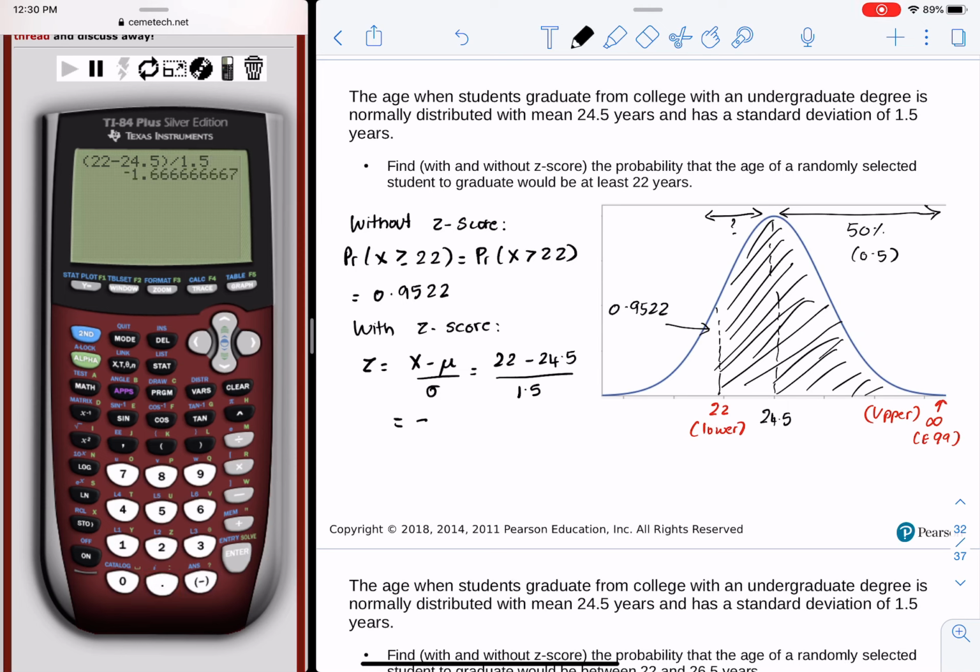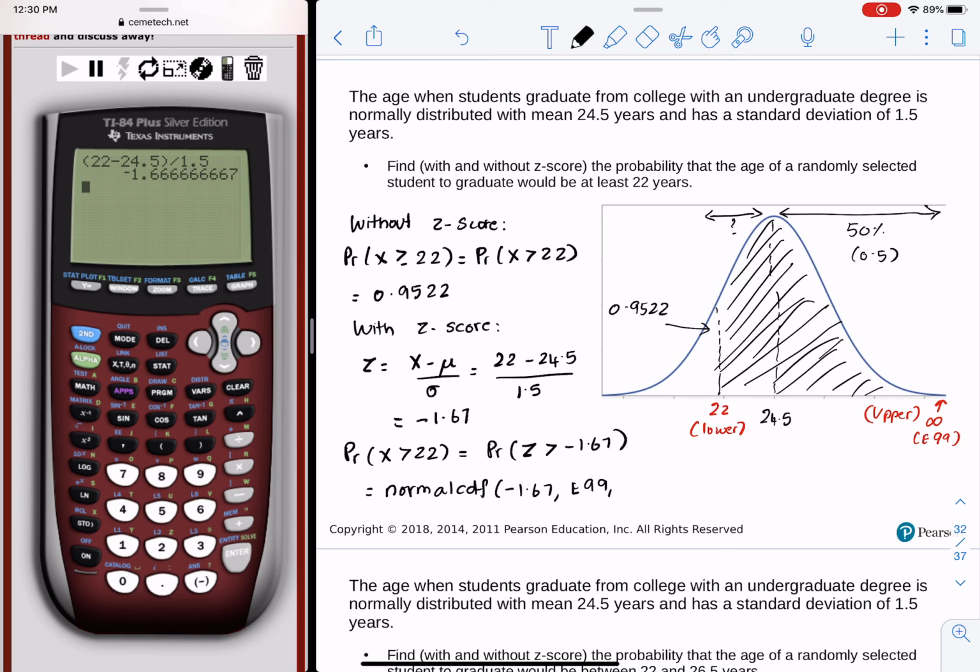And that would give us negative 1.67. So probability of x greater than 22 is the same as probability z greater than its corresponding z-score of negative 1.67. So normal CDF, the lower endpoint is negative 1.67, the upper is E99.